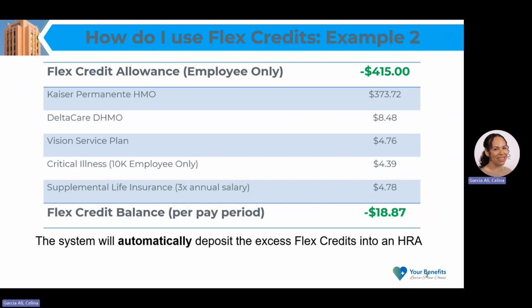In this example, that's going to be the health reimbursement account. The health reimbursement account can be used for items like copays, prescriptions, over-the-counter medication, many different eligible expenses. In this example, the employee has a $0 out of pocket because the amount of flex credits or money that they are receiving from the county covers all of the plans that they have chosen.